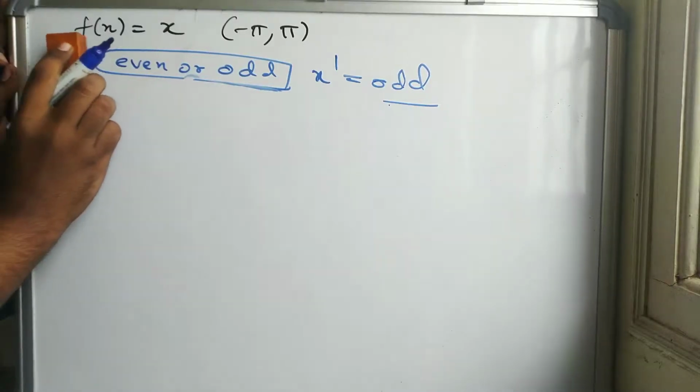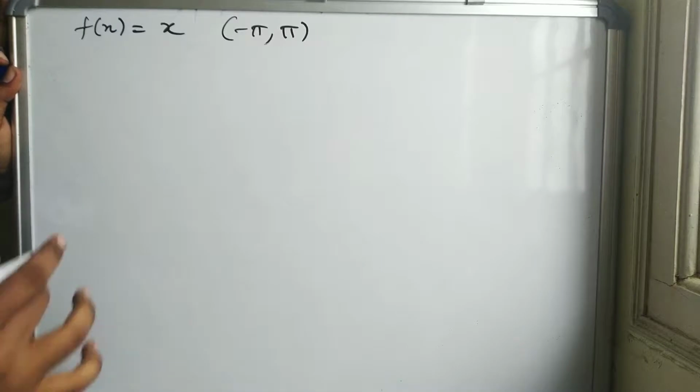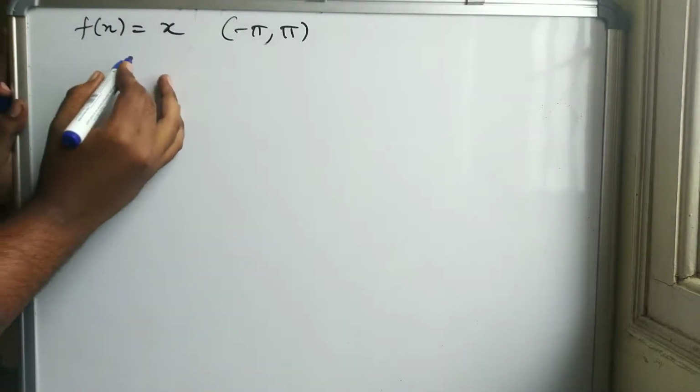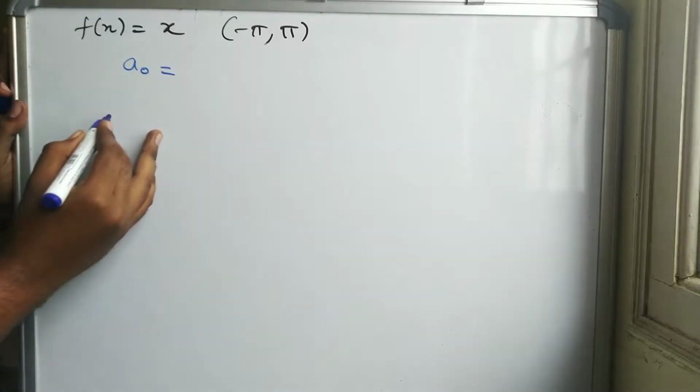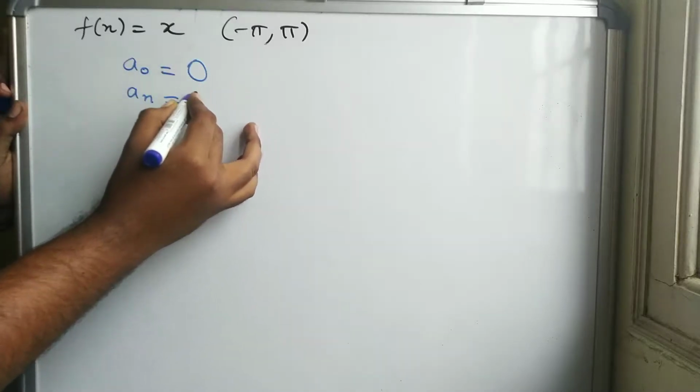Now, whenever a given function is odd, then we can directly write a naught and an equal to 0.